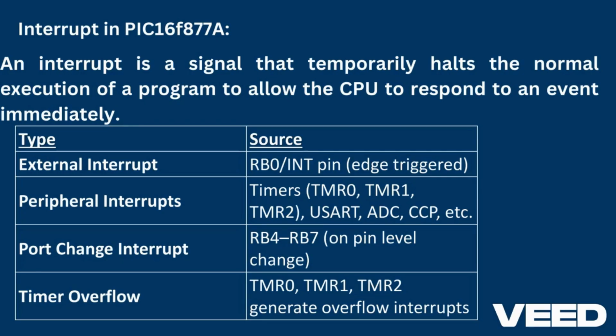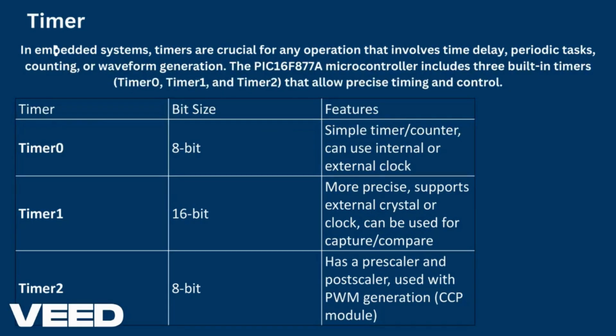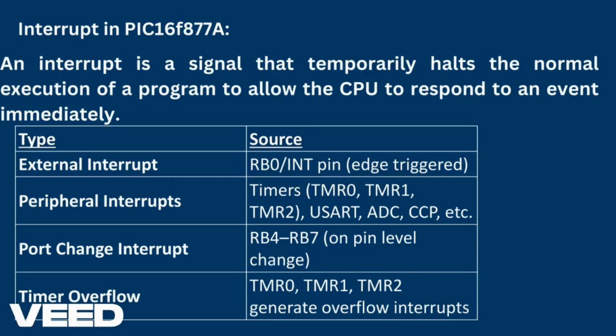The port change interrupt is a general type of interrupt, using RB4 to RB7. These four registers are used in port change interrupts. I explained about the timer in the previous slide, right? Once the 8 bit or 16 bit timer is filled, a timer overflow takes place. During this timer overflow, an interrupt is created. That is what the timer overflow interrupt is about.